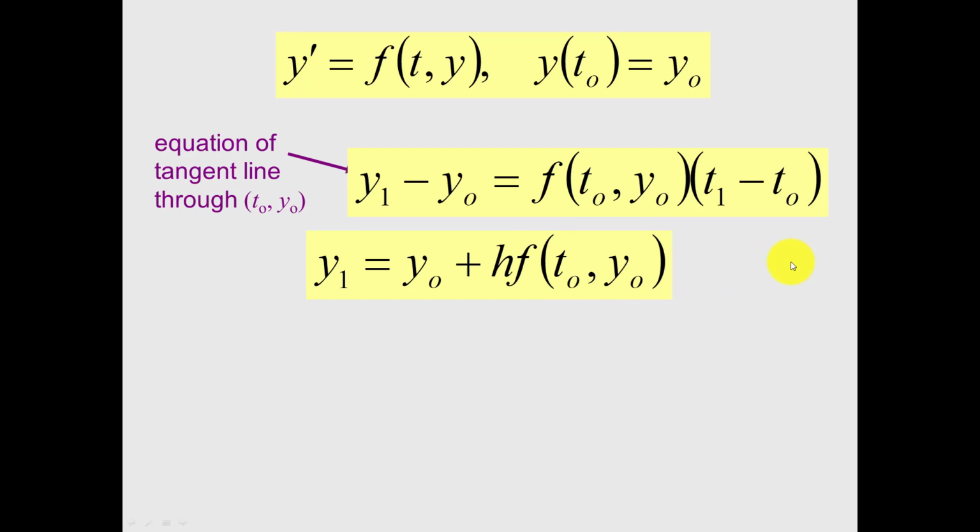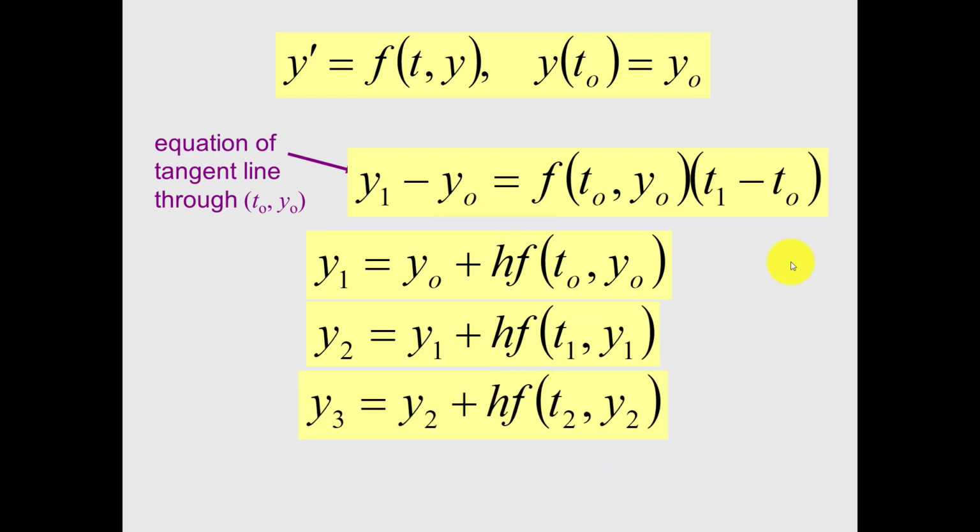Now once we get that new y, we had our t naught from our interval, and then we're going to repeat this process, and so we're going to find y2 by using y1 plus that difference between the t's, that's our h, and then the function at t1, y1. And we're going to continue like this to approximate the curve, and so y3 would be y2 plus this, and so forth.